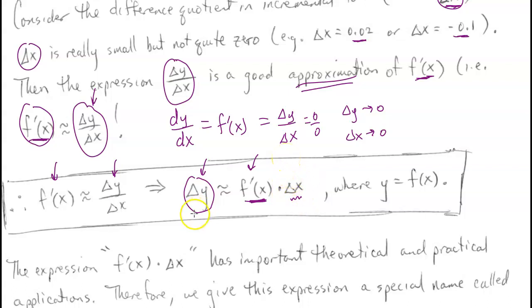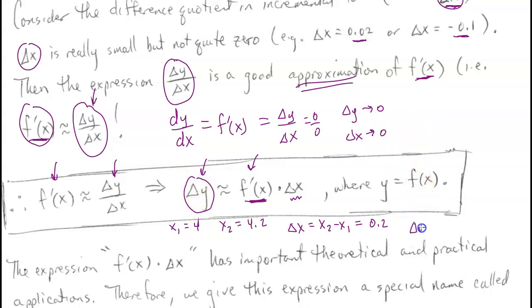So to give you a quick example of that, let's say that my x sub 1 is 4, and my x sub 2 is 4.2, okay? That means my delta x, which is the difference between x sub 2 and x sub 1, is just the difference between 4.2 and 4, which is 0.2, okay? So if I wanted to figure out, for some function y equals f of x, what the change in the actual y values is going to be, what I would do is this.